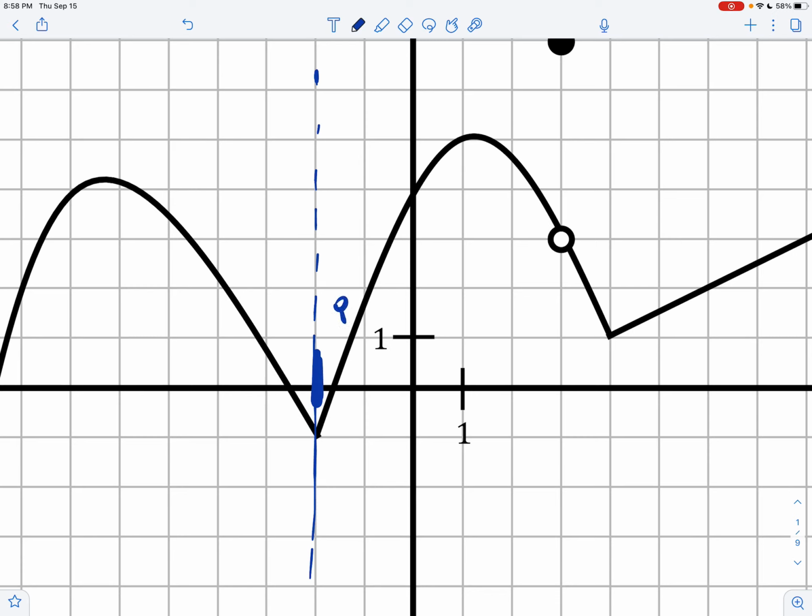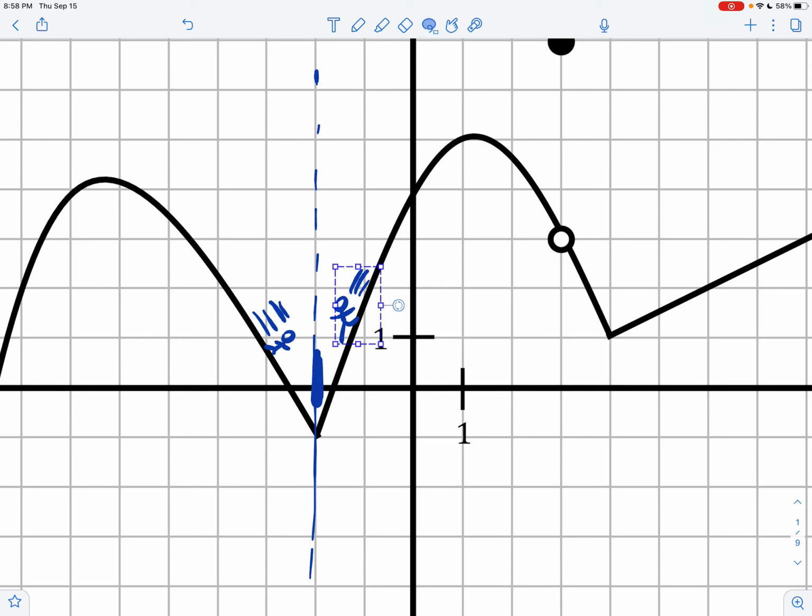There's someone running along there. There's someone coming along this way. And they're both just zooming in towards -2. The question is, what y value will they meet at? What are they getting closer and closer to?